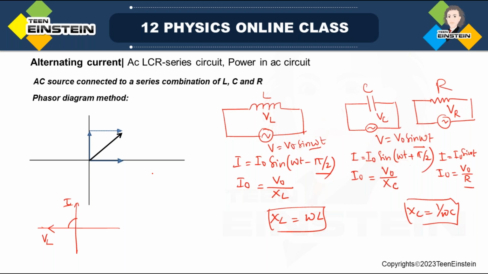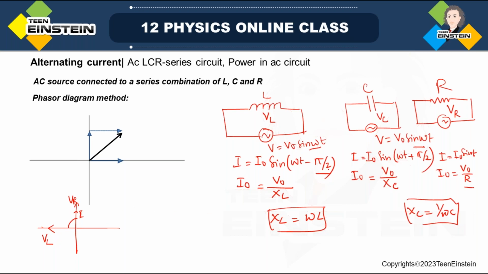Let me add this as VR, and up to here current will be a little less than V. So this is VR, sorry, I. So current and voltage in the purely resistive circuit are in the same direction.